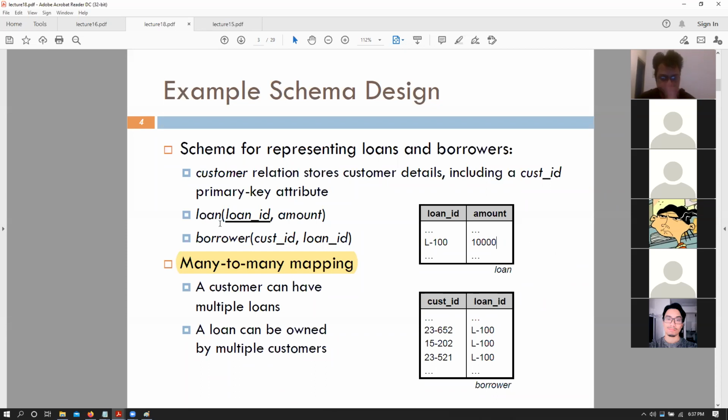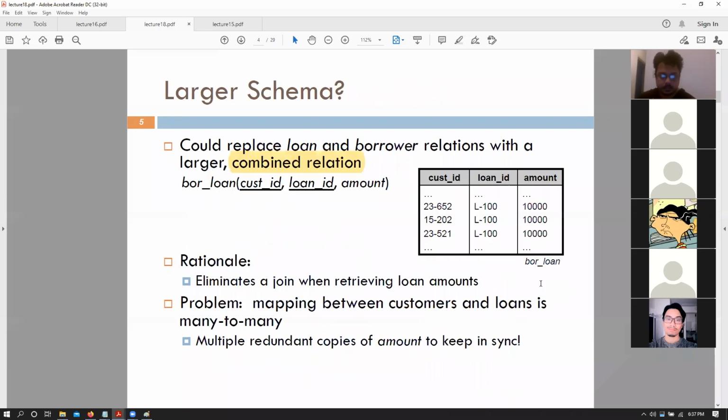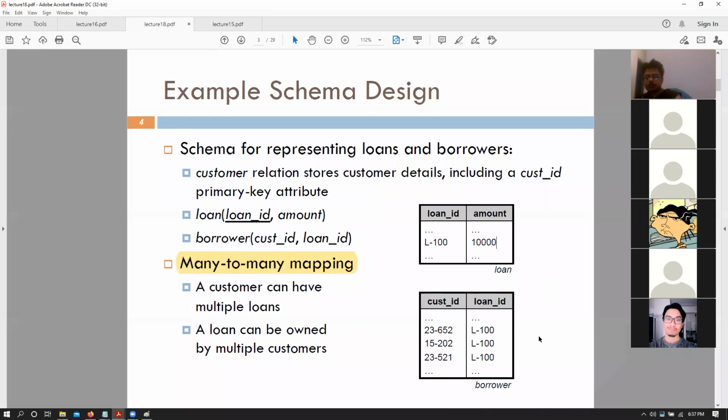We have those two tables and we are relating those two things, right? Okay. So now you can imagine that it is always useful to get the amount of loan for a particular customer ID, right? I want to know what is the amount of loan for the customer 23652. So can someone tell me, given these two tables, how would I get the amount of loan owed by this customer ID?